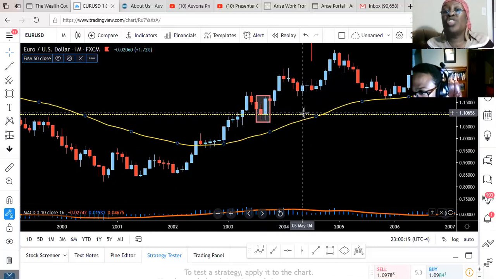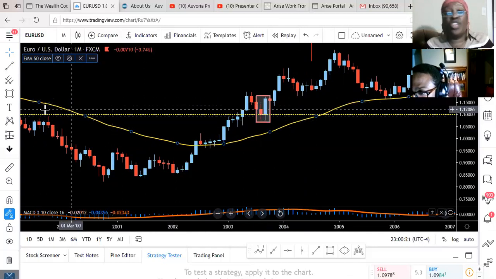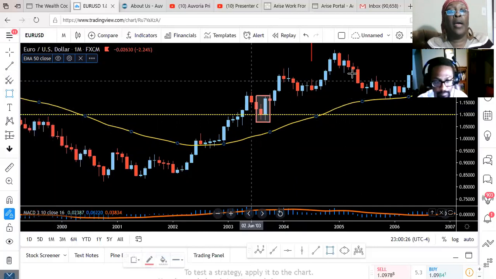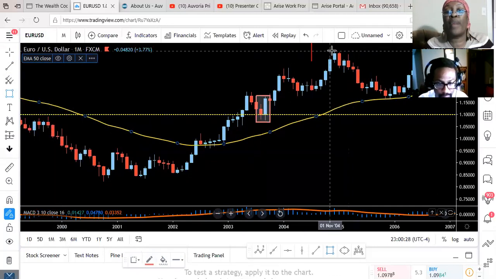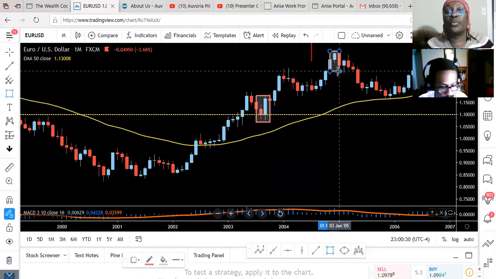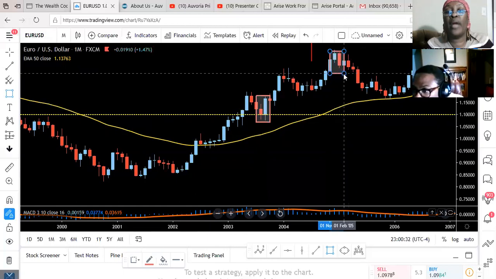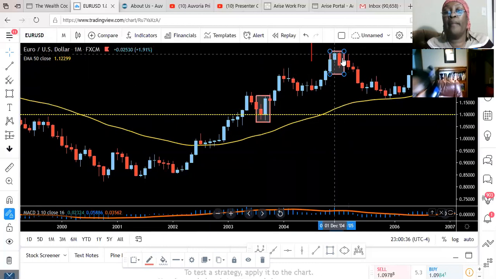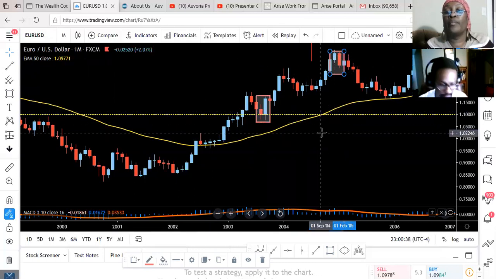Now, when you see a bearish engulfing candle, same criteria, but it tells you price wants to go down. So we have a bearish engulfing candle right here. You see that? The whole candle fits inside.